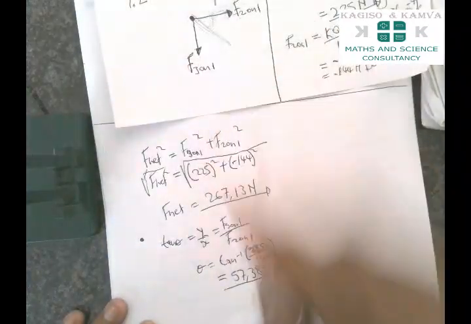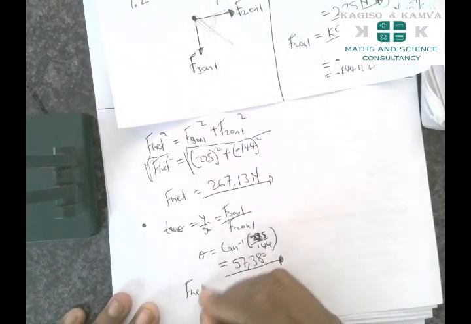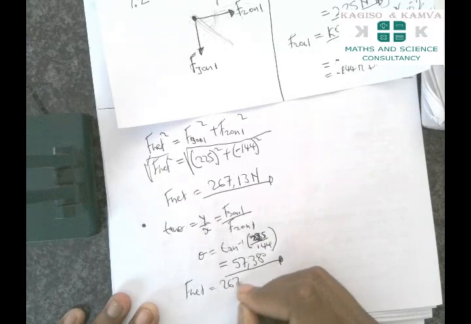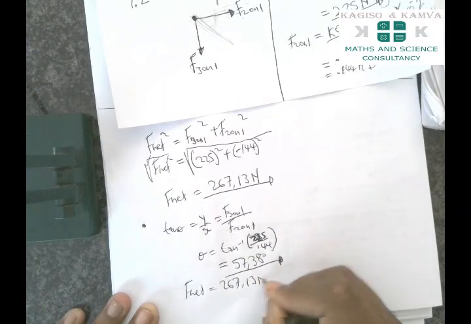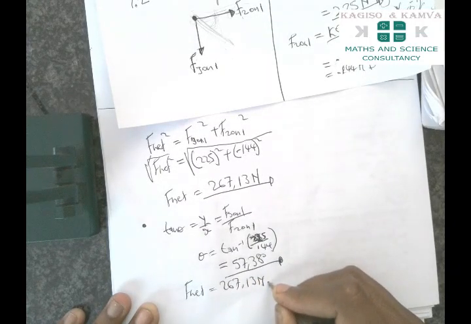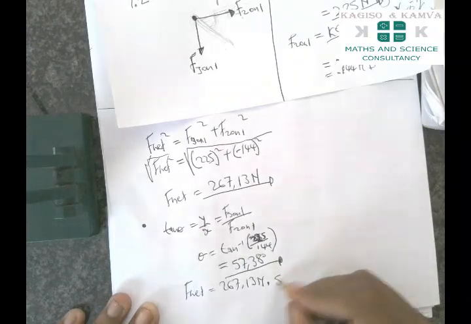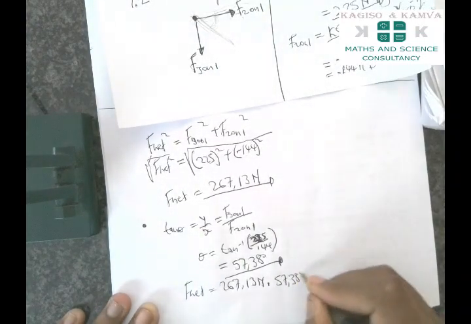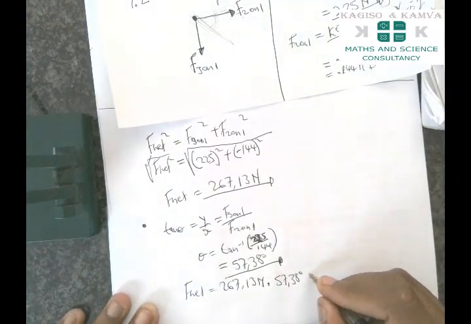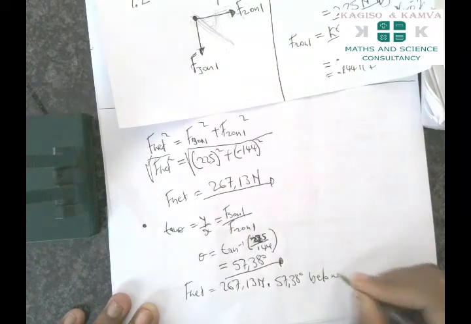You can always say our F net is equal to 267.13 Newtons at 57.38 degrees, below what?